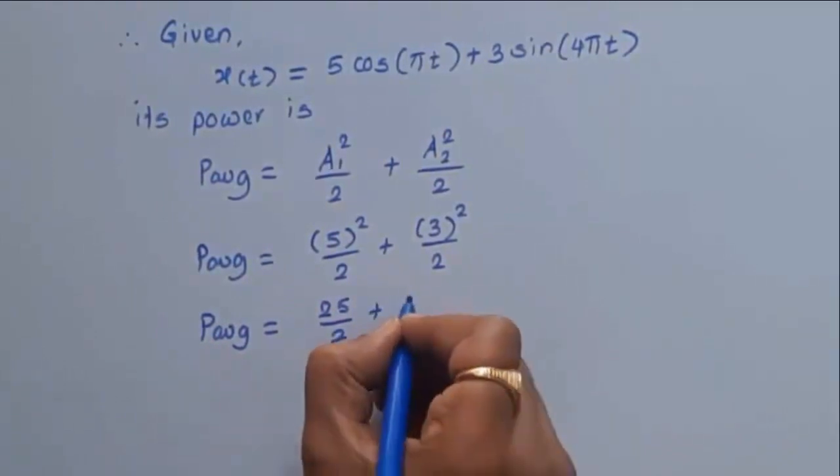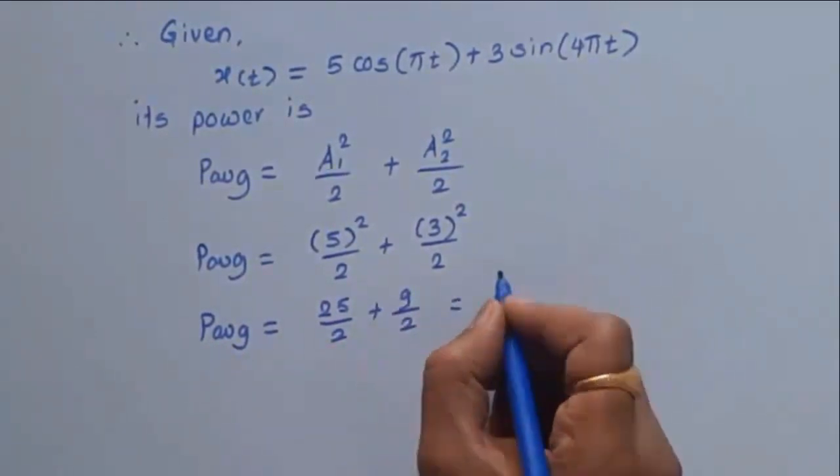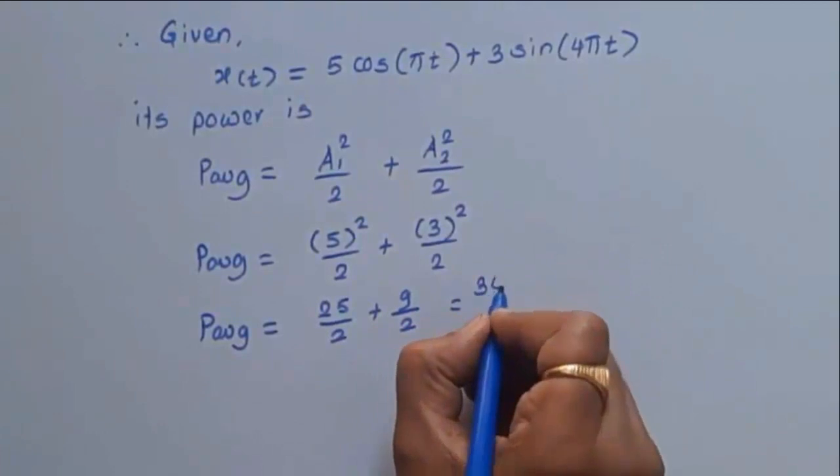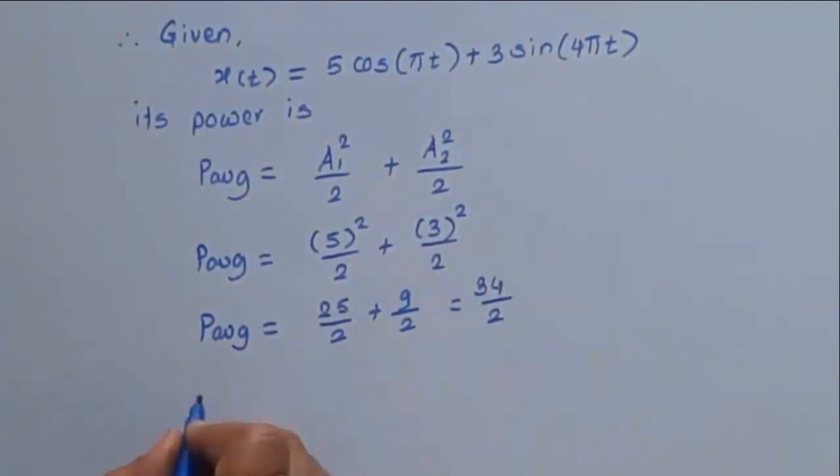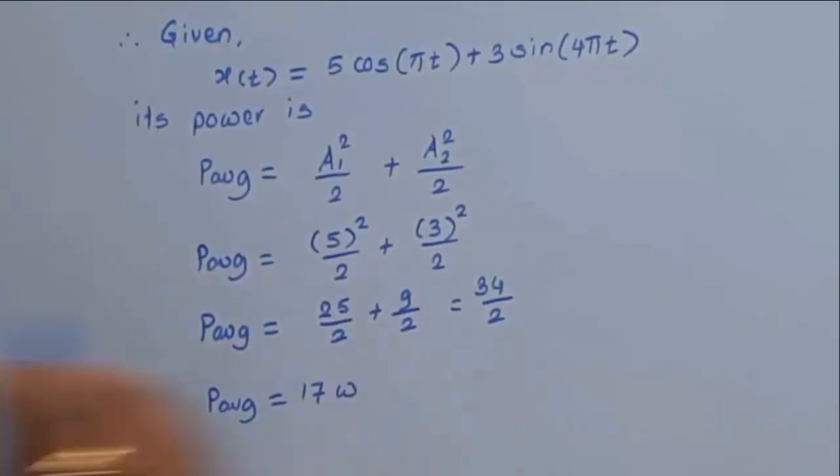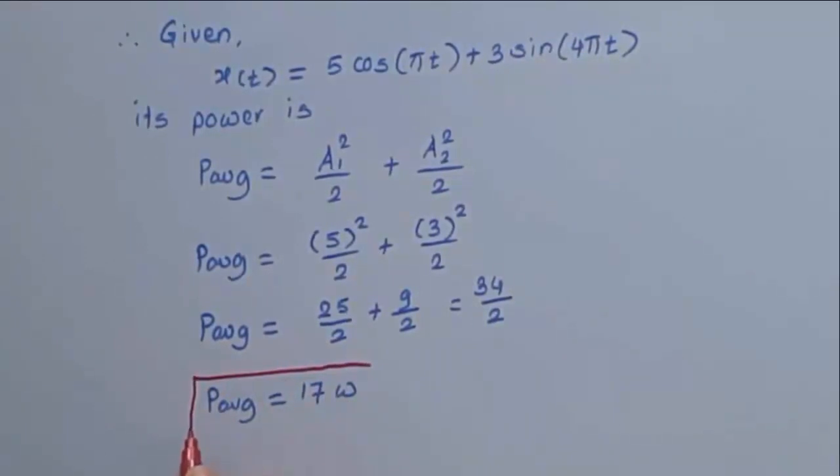So average power is 25 by 2 plus 9 by 2. If we add it, it will be 34 by 2. Therefore, average power is equal to 17. As average power of the given signal is non-zero and finite, the given signal is a power signal, hence its energy is infinite.